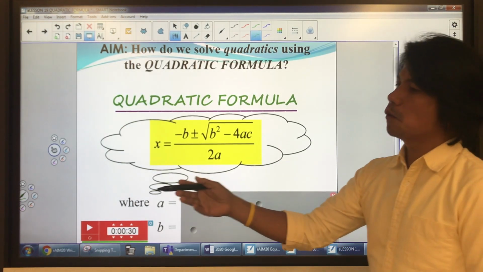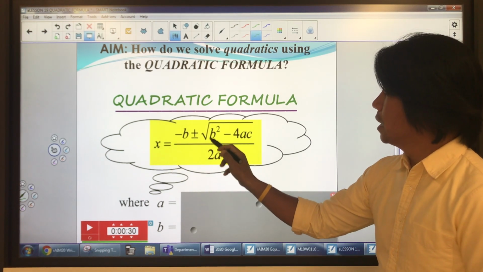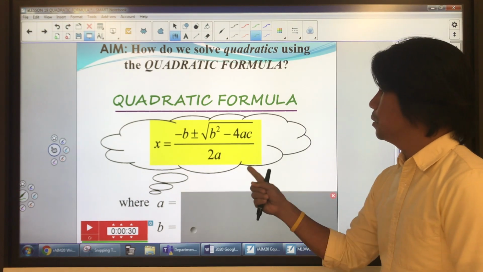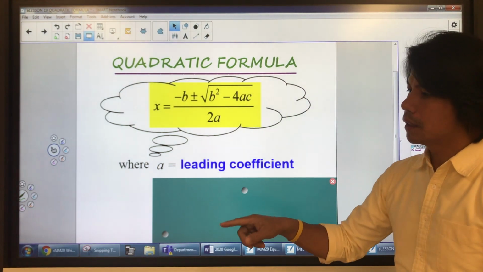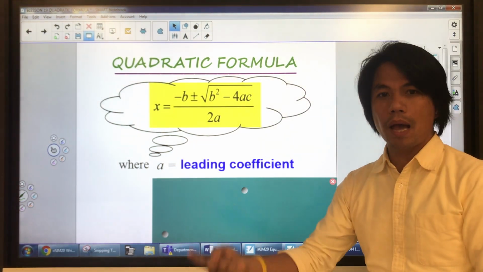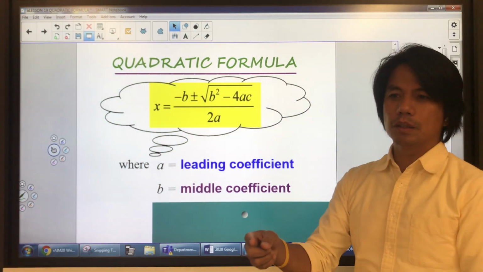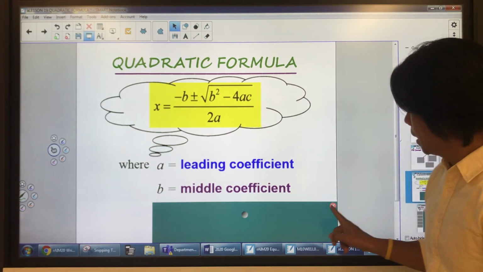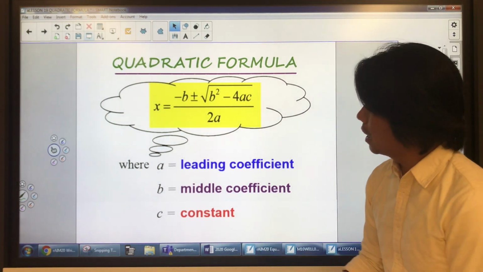The quadratic formula, of course, is x equals negative b plus or minus the square root of b squared minus 4ac, all over 2a, where a is the leading coefficient, that is the coefficient of the quadratic term. b is the middle coefficient, or the coefficient of the linear term. And c is the easiest to remember, it's the constant.